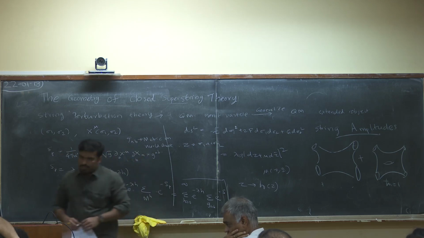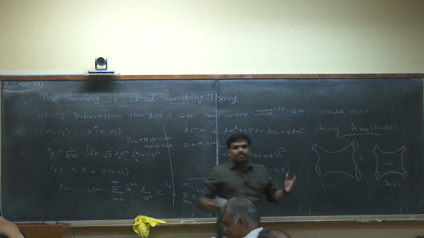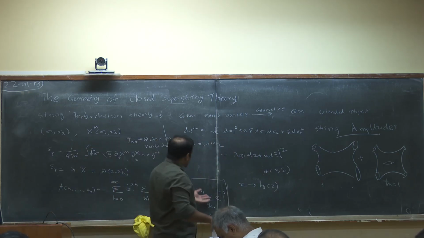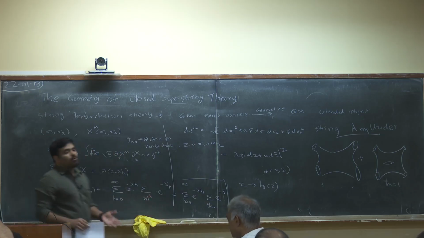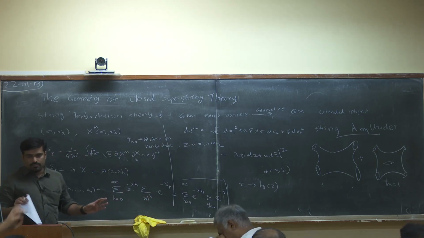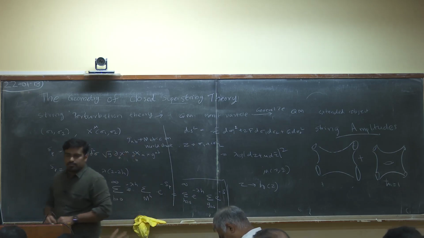So the statement is that I started with a sum over all possible worldsheets, and I want to claim that the sum over all possible worldsheets can be thought of as a sum over all possible Riemann surfaces. That's the only statement I want to make. I just want to understand your logical flow, since you're saying it in such a first principles way.